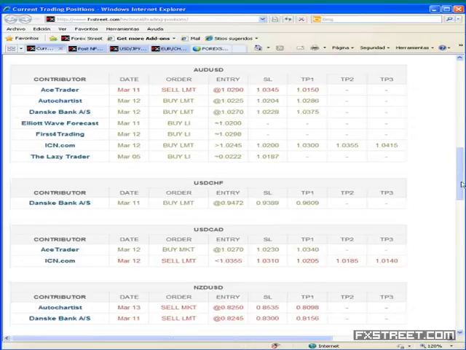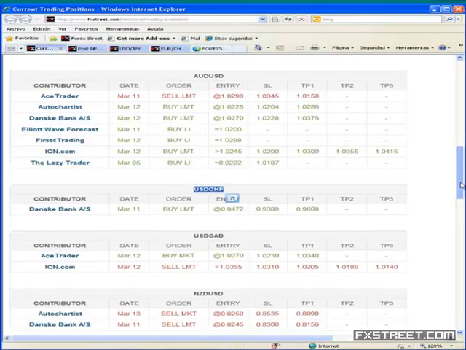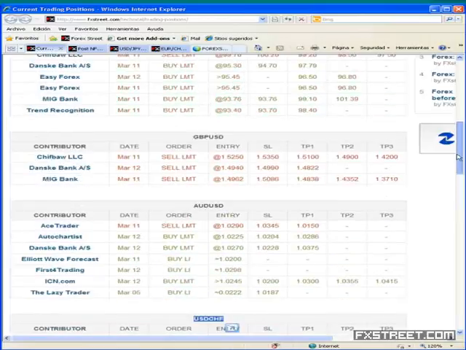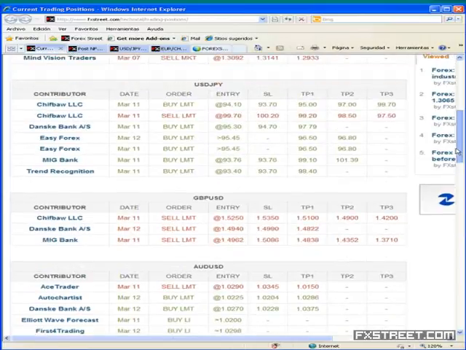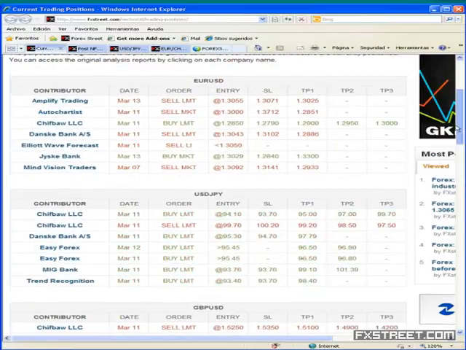Other pairs may be very positively correlated with other pairs, like here the Swissy. There is little to do here. Maybe it's because of the high correlation currently to euro dollar. I'm not measuring it right now, but it could be that traders concentrate themselves in the euro dollar.